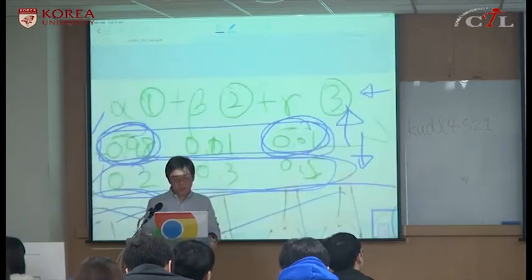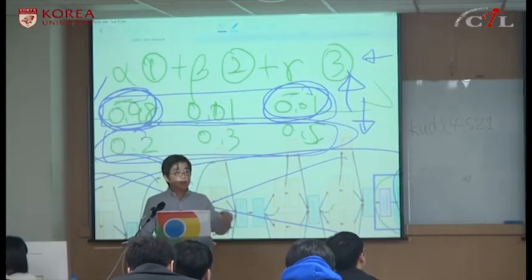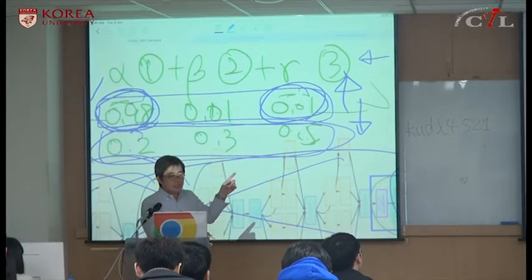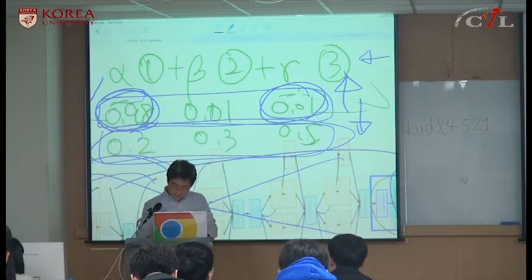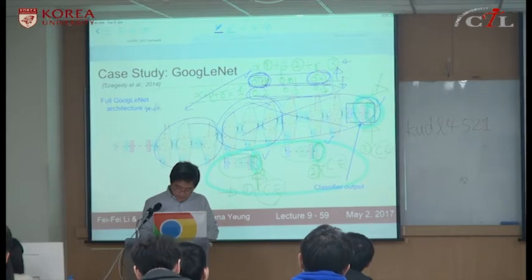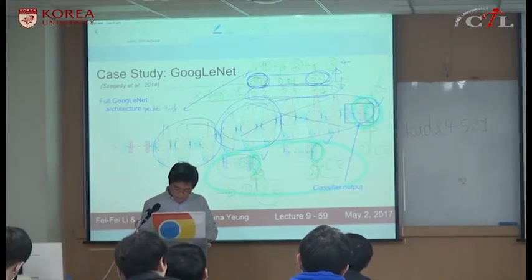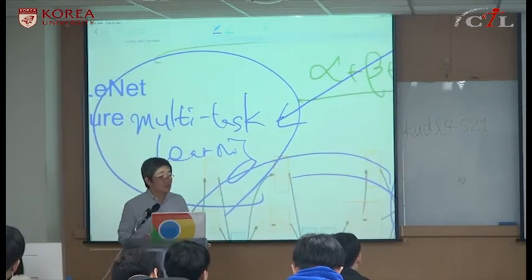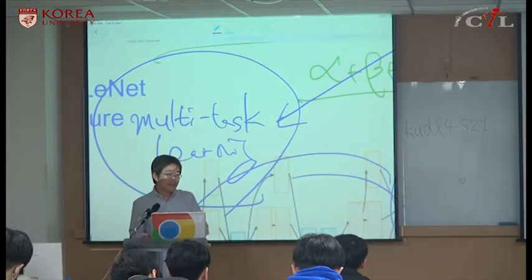So technically these 3 terms, 1, 2, and 3, are different loss terms, and we linearly combine them, and in general it is called multitask learning.